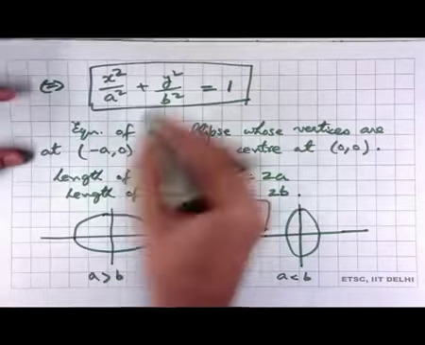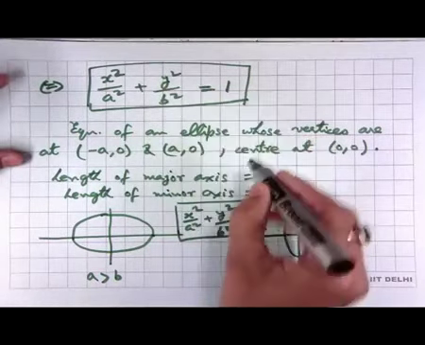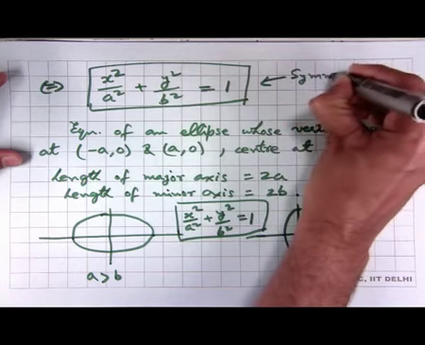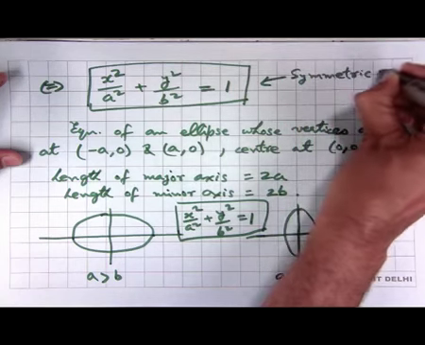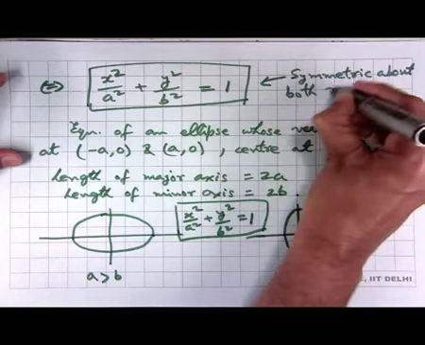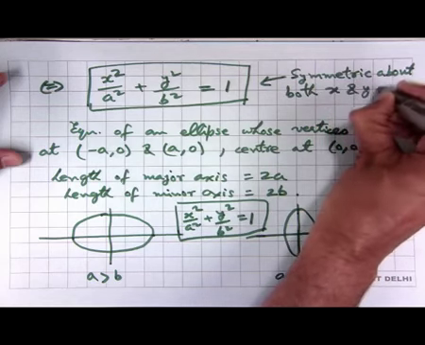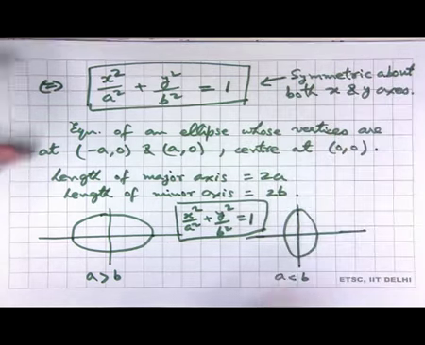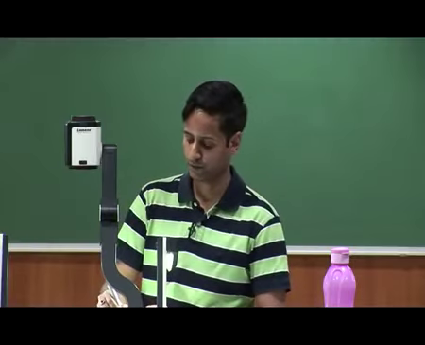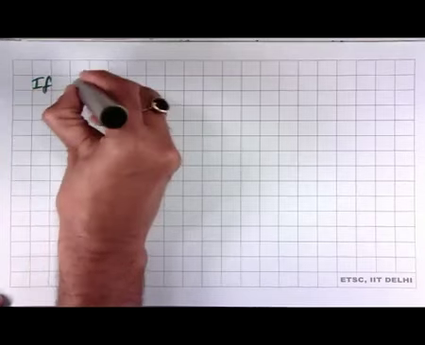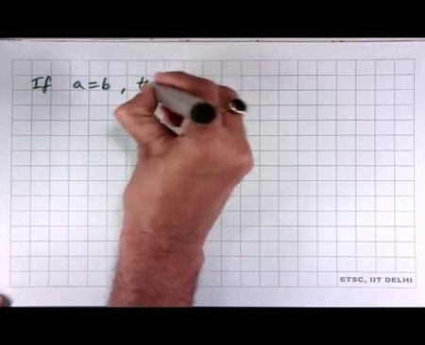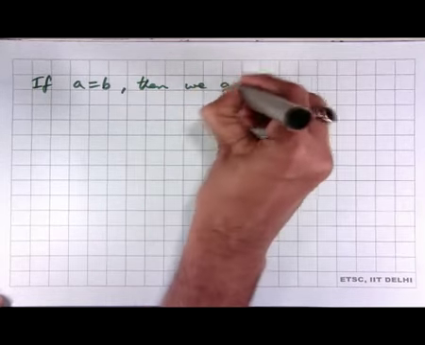Now, from this equation we can see that this is symmetric about both x and y axis. Also, if a is equal to b, then we get a circle.